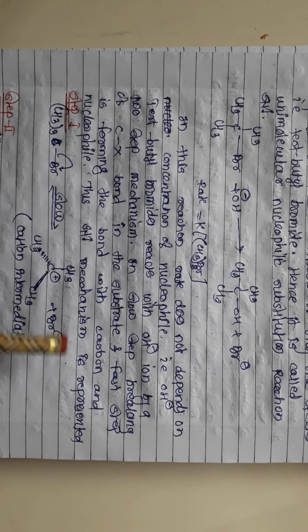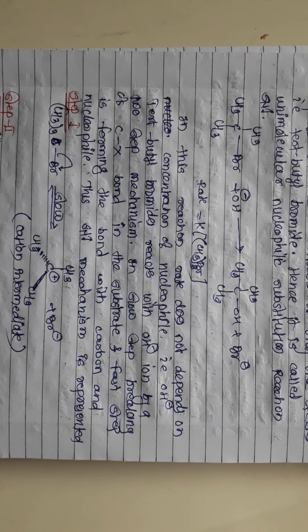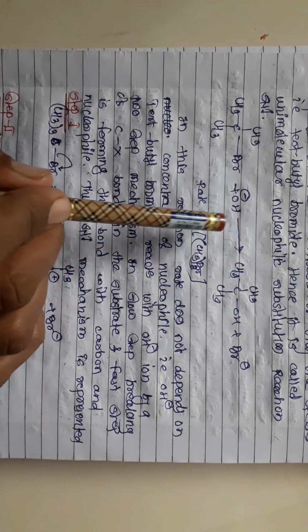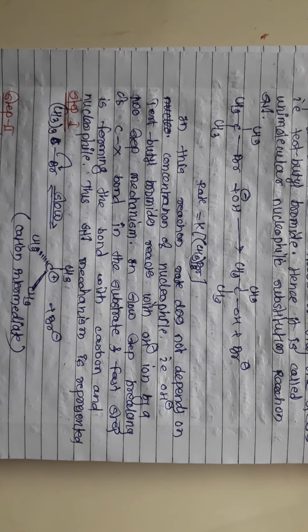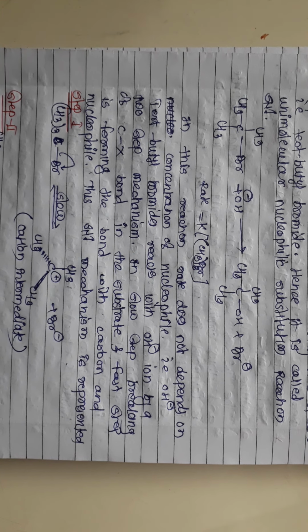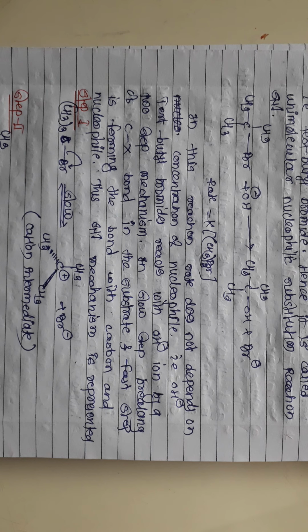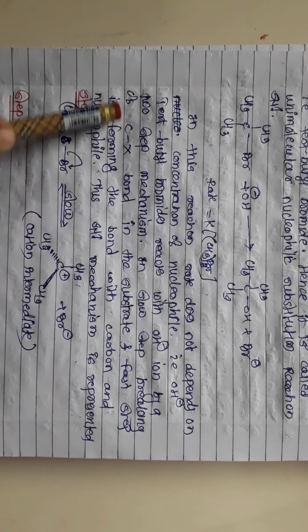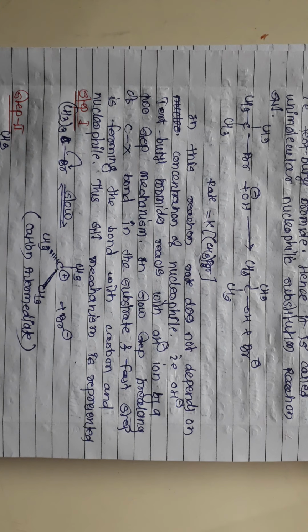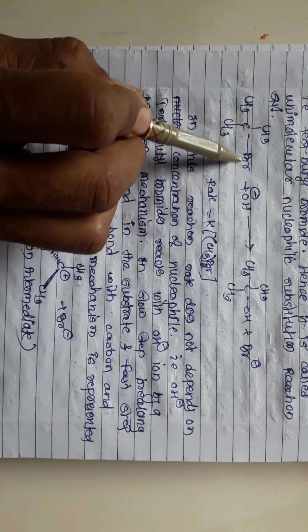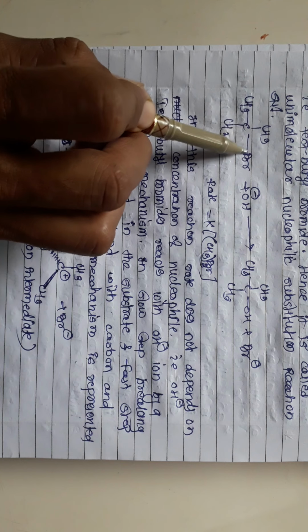This is how the SN1 mechanism is represented. In these two steps, the slow step is the breaking of the C-X bond, where X means any halogen.